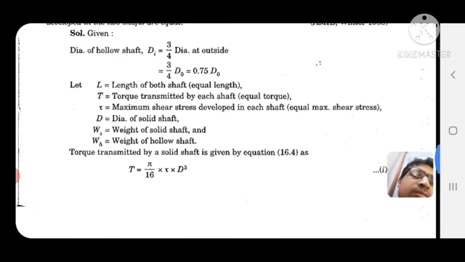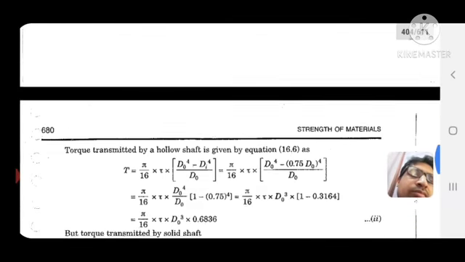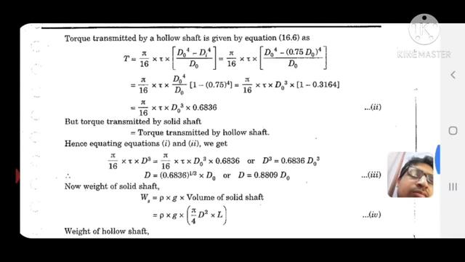Torque transmitted by a solid shaft is given by the equation T is equal to pi by 16 tau into d cube. Okay. So pi by 16 tau into d cube. So torque transmitted by a hollow shaft is given, T is equal to pi by 16 into tau into (d0 to the power 4 minus di to the power 4) by d0.